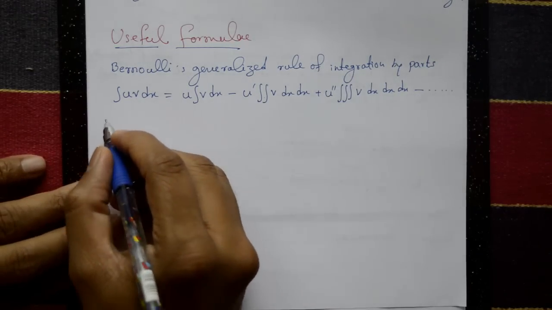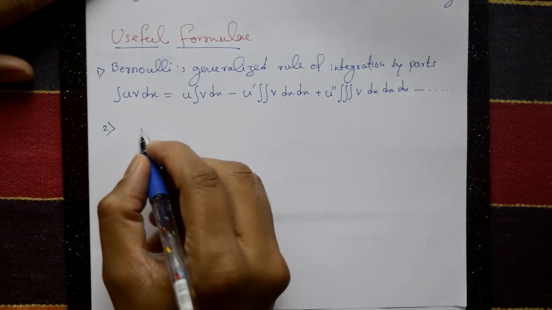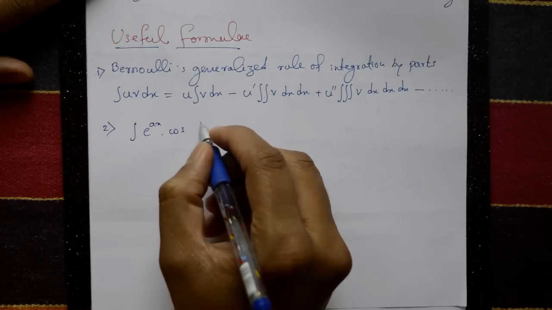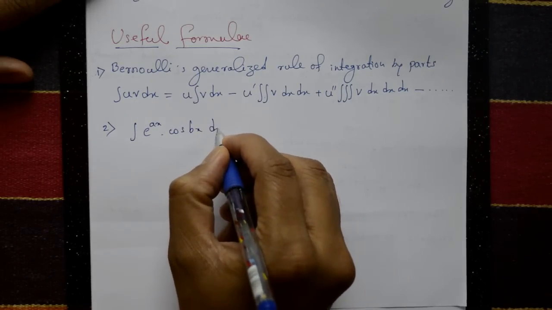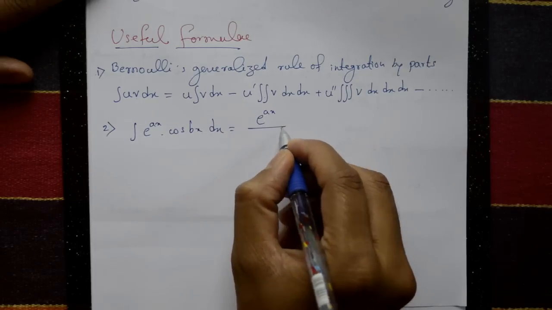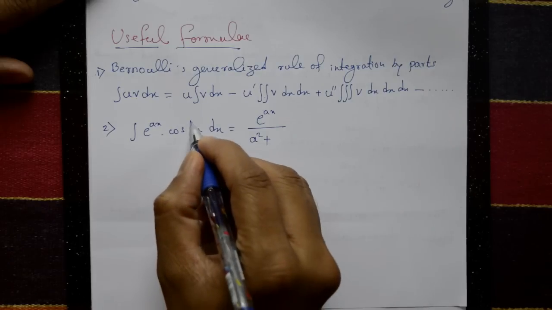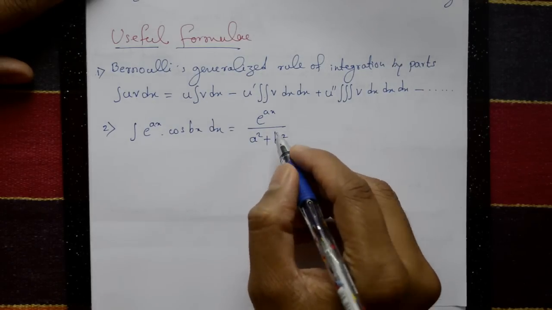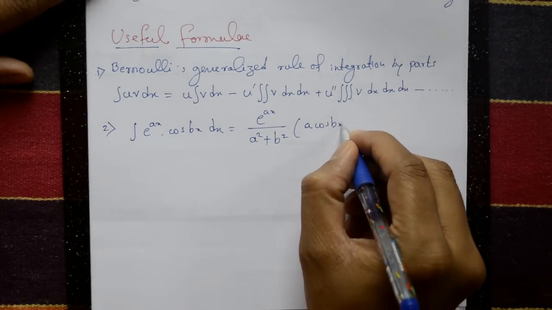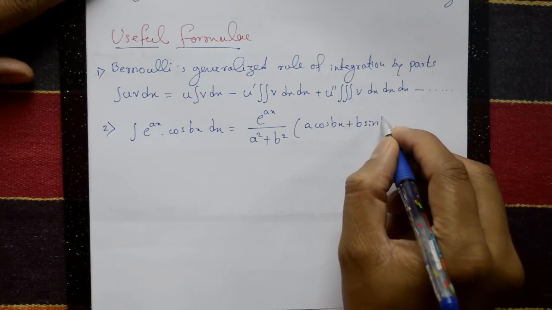Okay, next formula: integration of e raised to ax into cos bx with respect to x. This is a standard formula: e raised to ax upon a square plus b square, into a cos bx plus b sin bx.